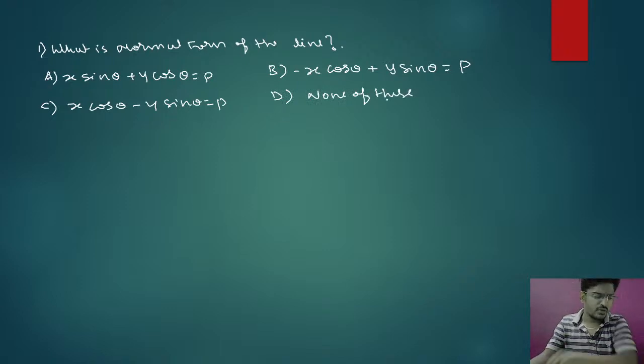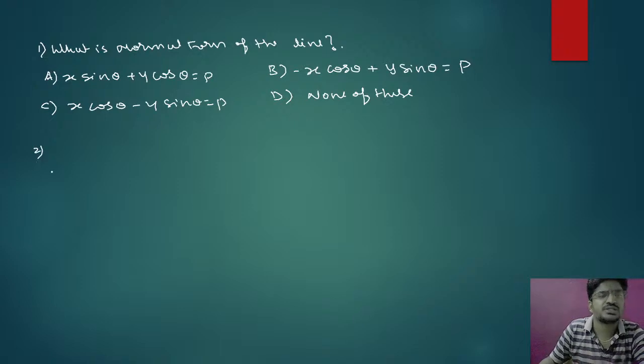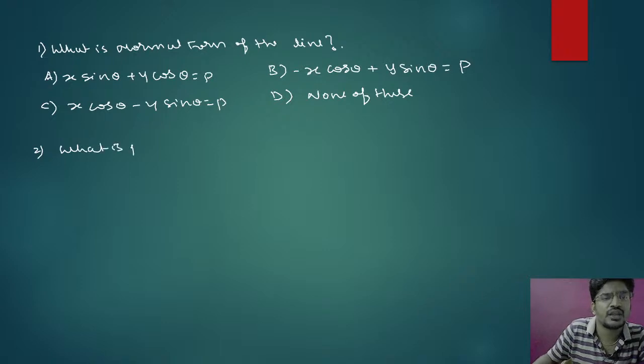What is the answer? Quickly tell me. One sample question I have asked for you. Please give me the answer. Clear? Next, what is the parametric form of the line?